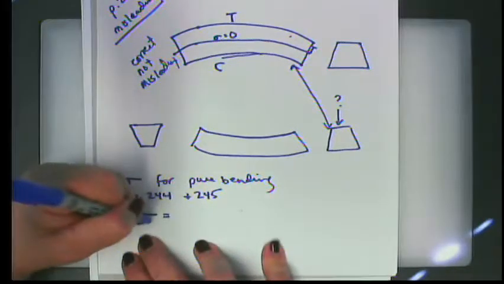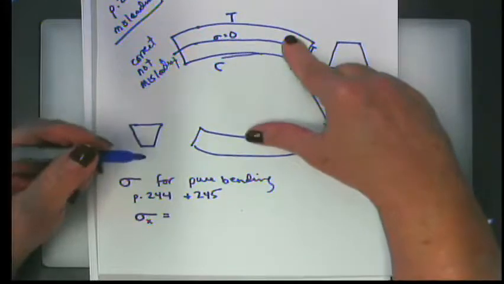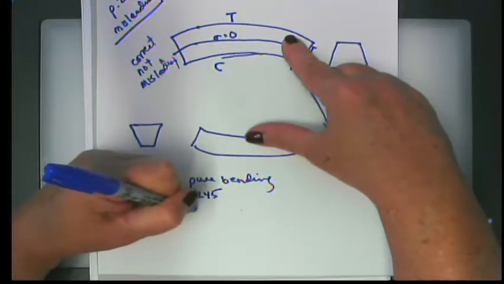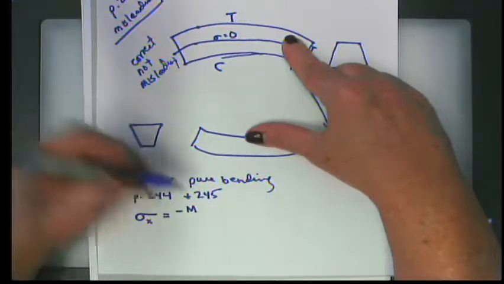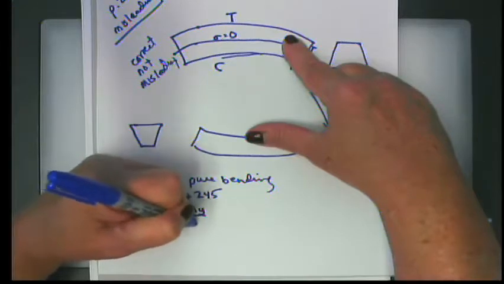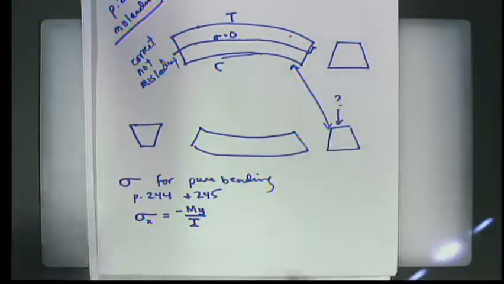But basically, the sigma in the x direction along the axis is going to be equal to the negative of a moment, which we'll describe in just a moment, times y, the distance from the neutral axis, over I, which is the moment of inertia of the cross-section.